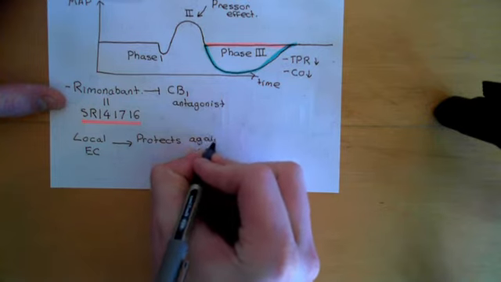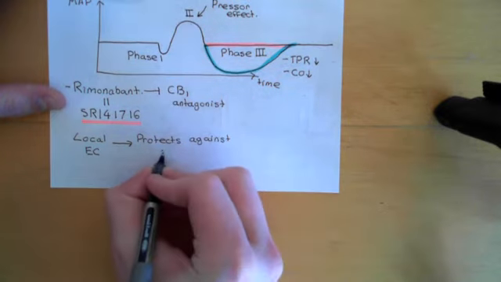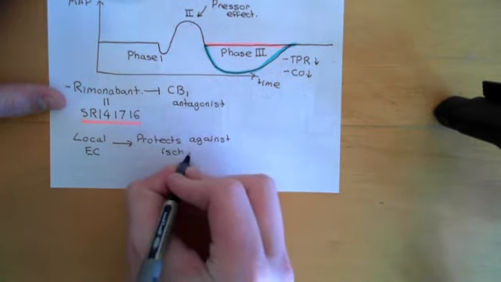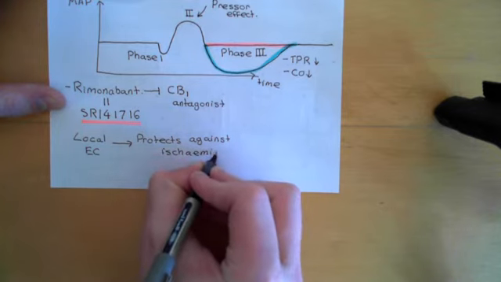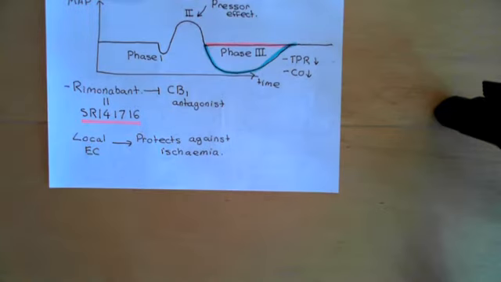Okay, and this is probably particularly important in the heart because the endocannabinoids not only vasodilate the blood vessels supplying the myocardium, but also in ischemia in the heart, they can decrease the force of contraction of the cardiomyocytes and therefore decrease the oxygen and glucose expenditure of the cardiomyocytes, and that's also protective against ischemia.